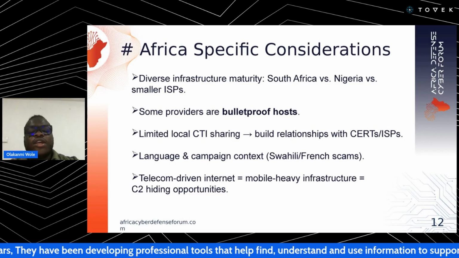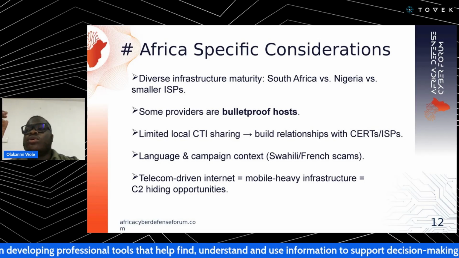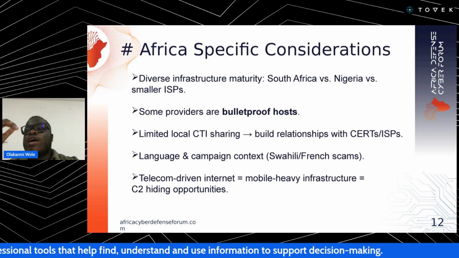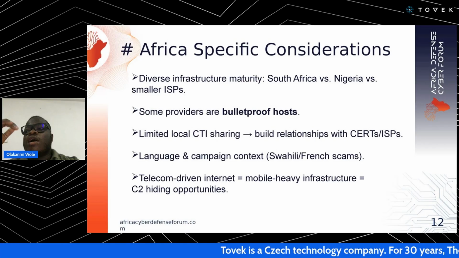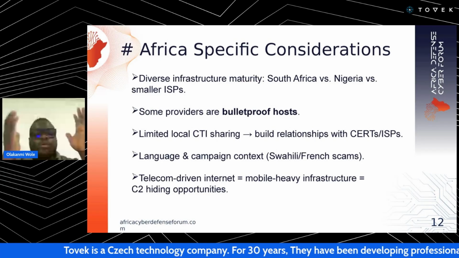Language-specific campaigns also, to detect and throw more light on this type of infrastructures, and then telecom-driven internet. This is something I'm looking at that might happen in the future.